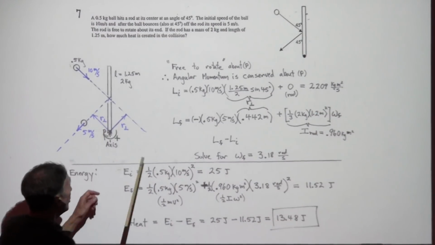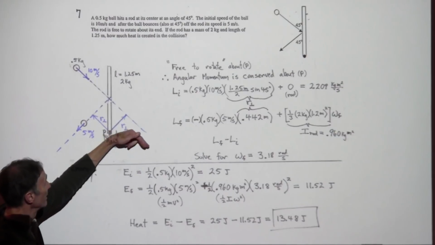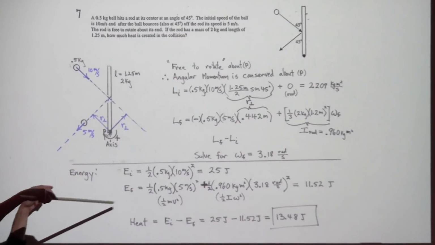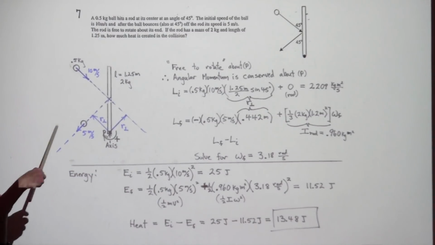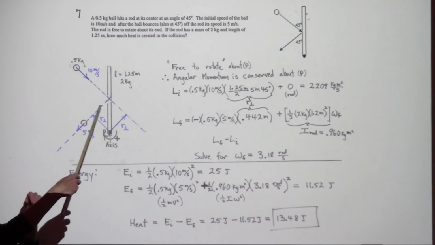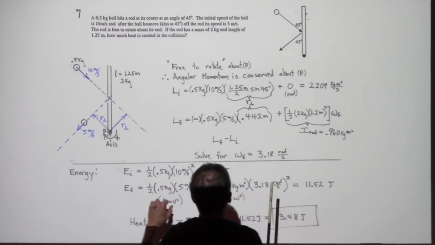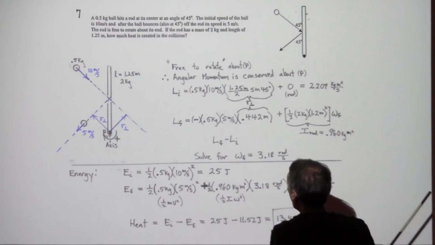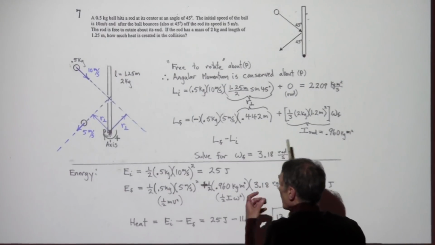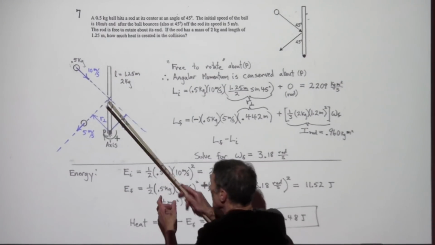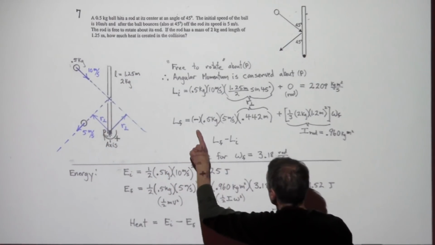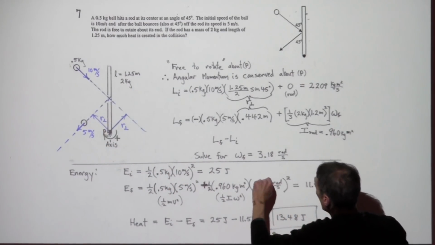And I'm calling this direction positive. In a sense, it wants to rotate this way, so I'm calling this positive rotation. If you're bothered by that, it's okay. Go ahead and stick a minus sign in front of it. But whatever sense you have, just go ahead and stick with it. So I'm just going to call that plus if you're going to follow these signs that I'm using.